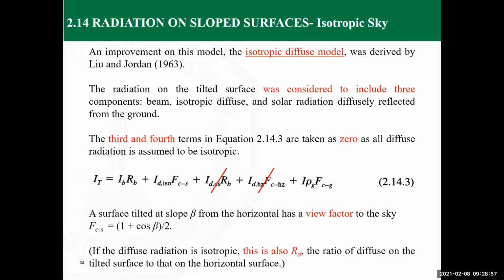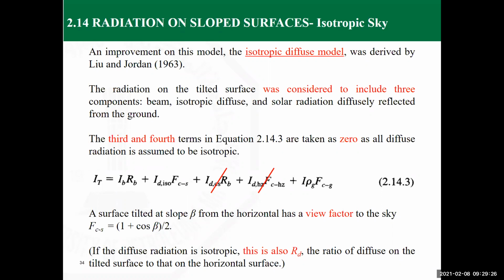Now, it's not only what we have covered so far, but there are even simplified correlations that came into the picture. Part of the correlation is assuming the isotropic diffuse model, which means that we are going to deal with only the components of beam, isotropic diffuse, and solar radiation which is reflected from the ground.